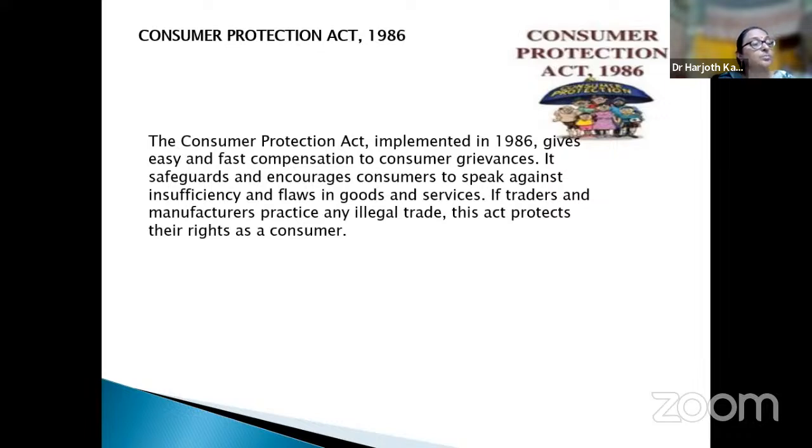So this act is providing simpler and quicker access to redress any dispute, any consumer grievances. This act also promotes and protects the interest of consumers against deficiencies and defects in goods and in services. It also seeks to ensure the rights of consumers against any unfair trade practices which may be practiced by the manufacturers and traders.